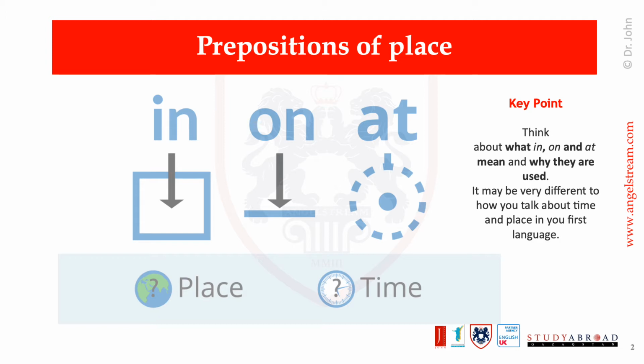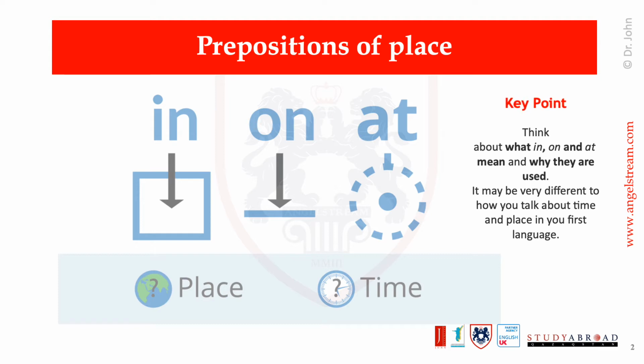Next one is on, so it looks like a surface, the top surface of something. And at is a point in a circle here, so it's a point in time. These three prepositions usually talk about place or time.